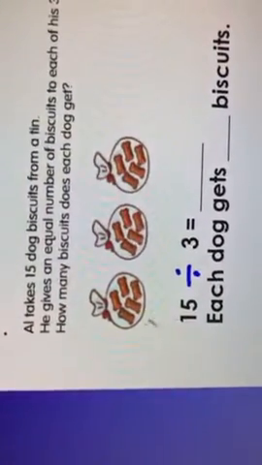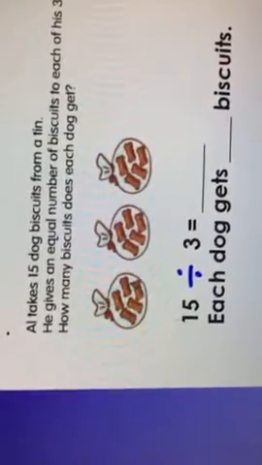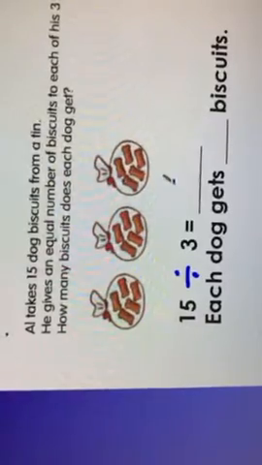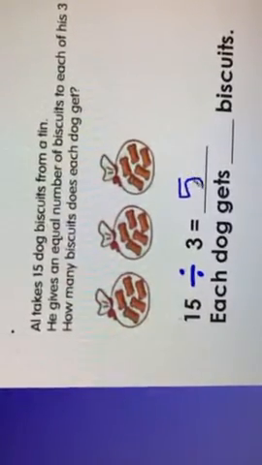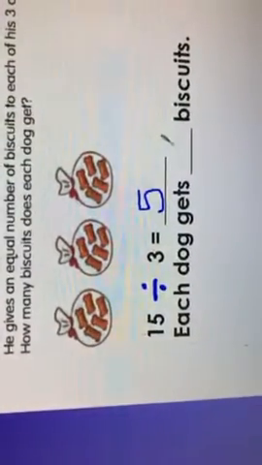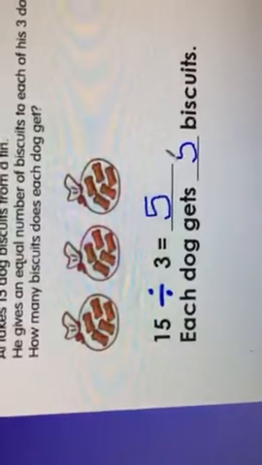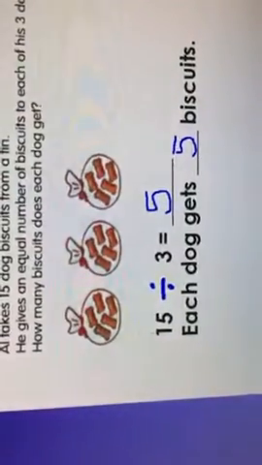And within those groups, we have 1, 2, 3, 4, 5 biscuits in each of our bags. So each dog gets, you guessed it, boys and girls, 5 biscuits.